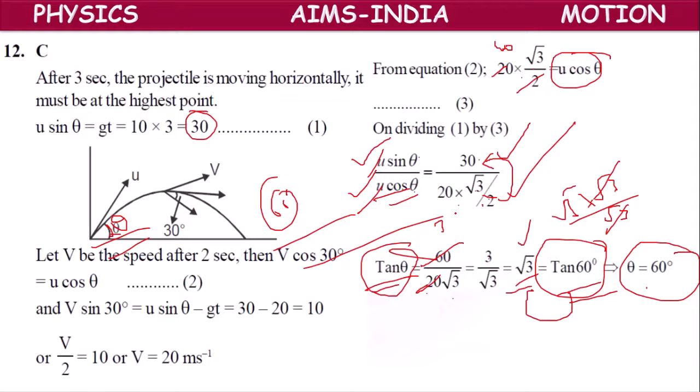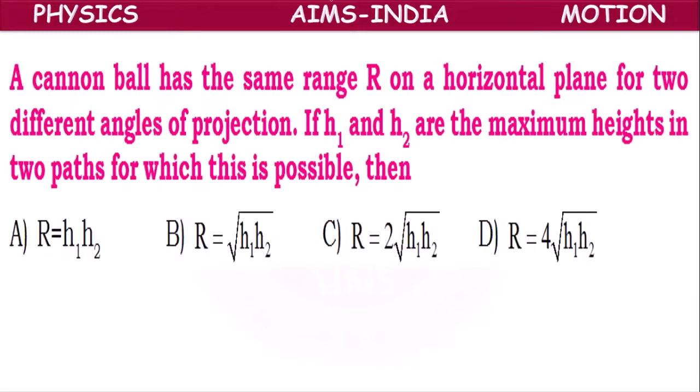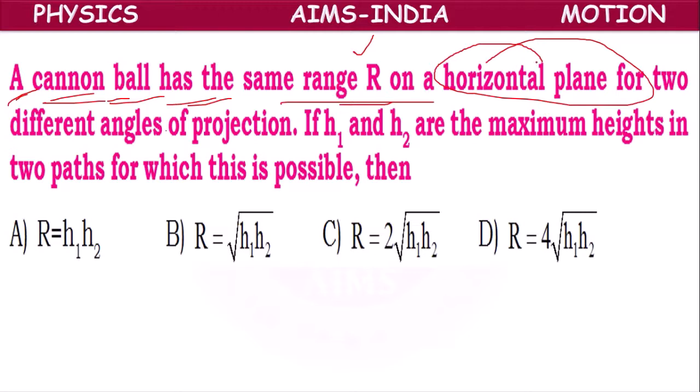So next. A cannon ball has the same range R on a horizontal plane for two different angles of projection.